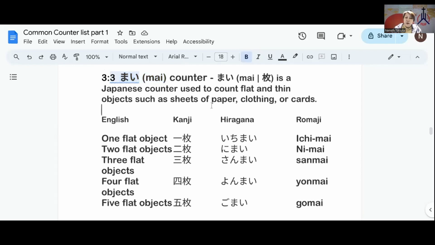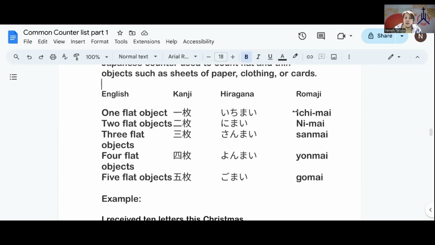So, for example, one paper or one A4 coupon, we use ichimai for the one flat object. Okay, ichimai. Just add the mai here, and then the rest is again the same. Ichimai, nimai, sanmai, yonmai, gomai.